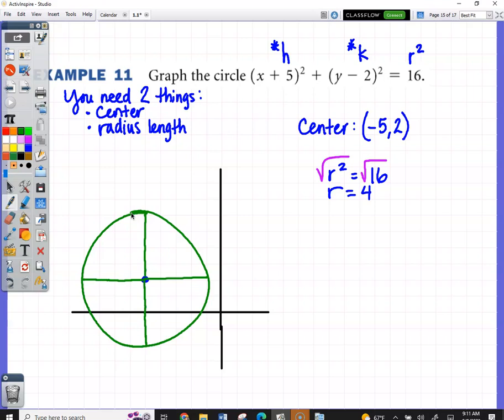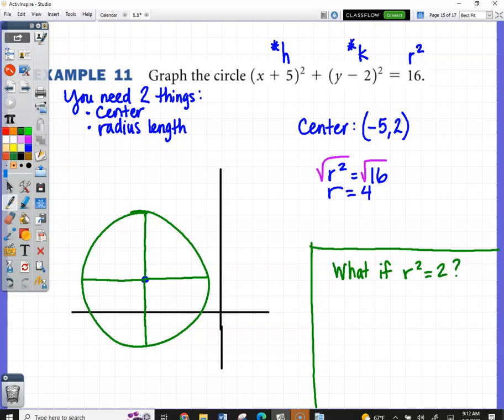I do want to give you a what if question, because it does happen. What if at the end of the equation r squared was 2?